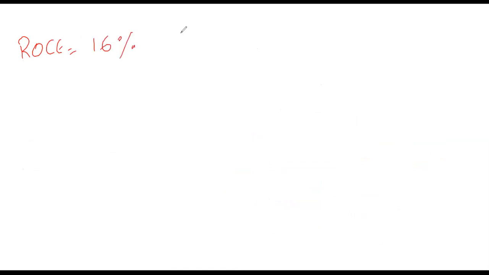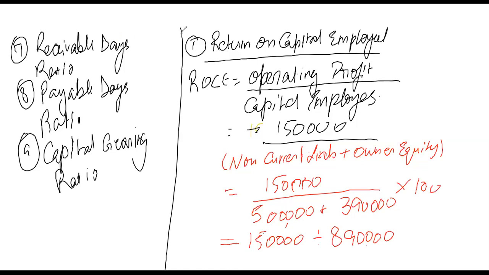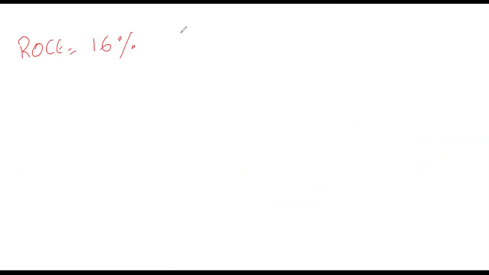If I interpret the answer, 0.16 means for every 1 rupee of capital employed, you are generating just 16 paisa of operating profit. I'm using another pen so that you can differentiate between what I've calculated and what I have interpreted.